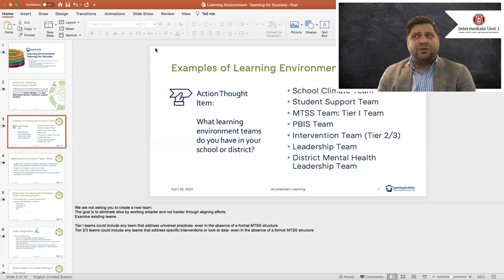Those teams are a little more student specific, and that's why they're at a tier 2 or tier 3 level. We did want to point that out because we didn't want to create any confusion or make anybody work harder trying to create these tier 1, tier 2, and tier 3 teams when you already may have them in place. They just might be labeled something different.